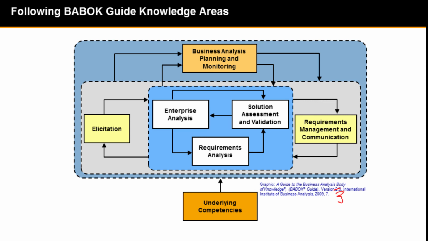So at a high level, we go through the cycle where we are trying to understand and analyze what the requirements are. We try to elicit, we try to provide some assessment to the solution and validation, manage the requirements, and of course, we need to ensure that we're in alignment with the business side of things.